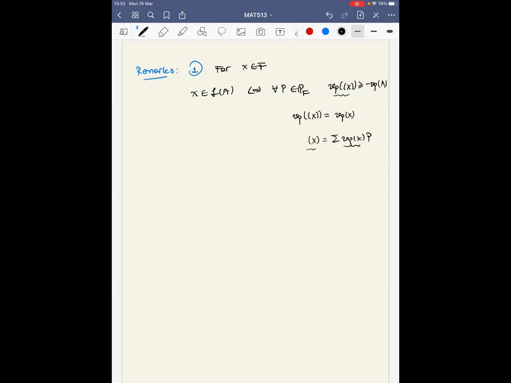Often we will use this characterization. So if we want to see that x is a function in the L space, for all places we need to check that its valuation at P is bigger than or equal to minus the valuation of A at P, for each P.